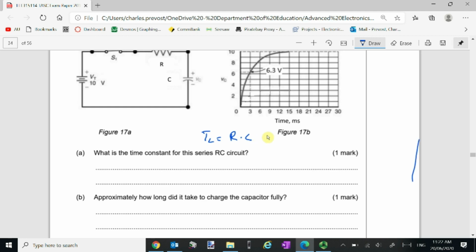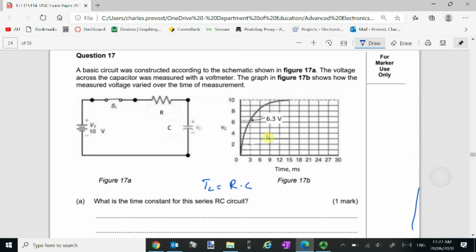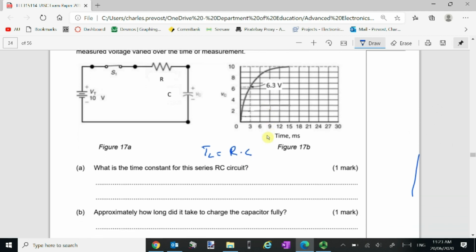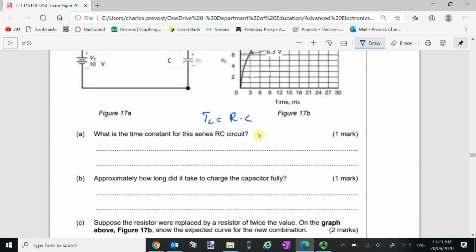Okay, so what have we got for our resistor value? We don't actually have the value, but this time constant is the time to reach 0.63 of the applied voltage. So we've got 10 volts here. So 0.63 happens in 3 milliseconds.